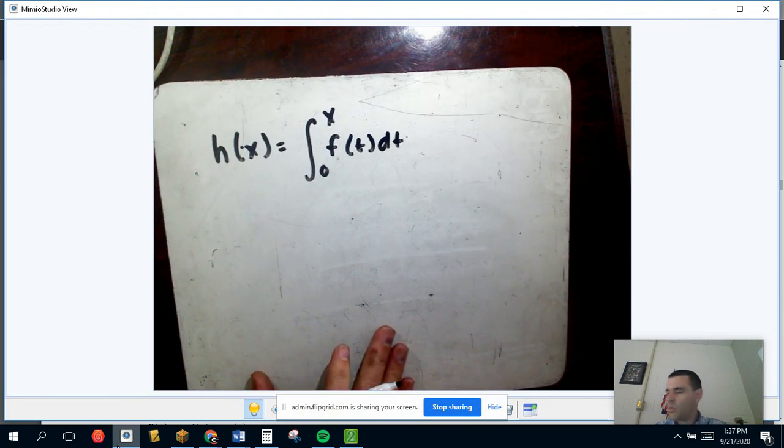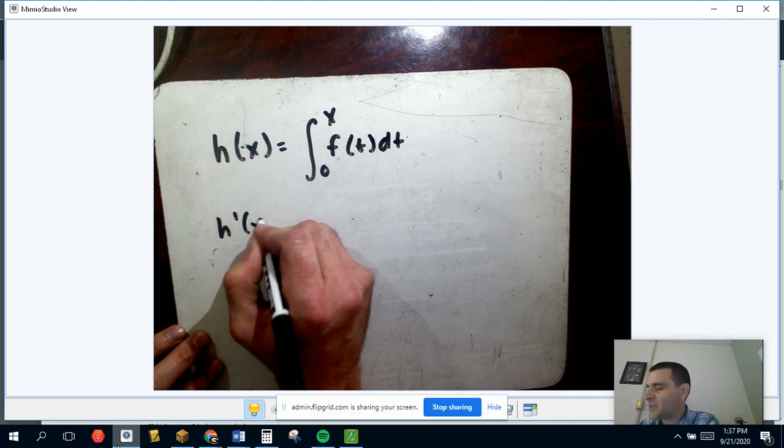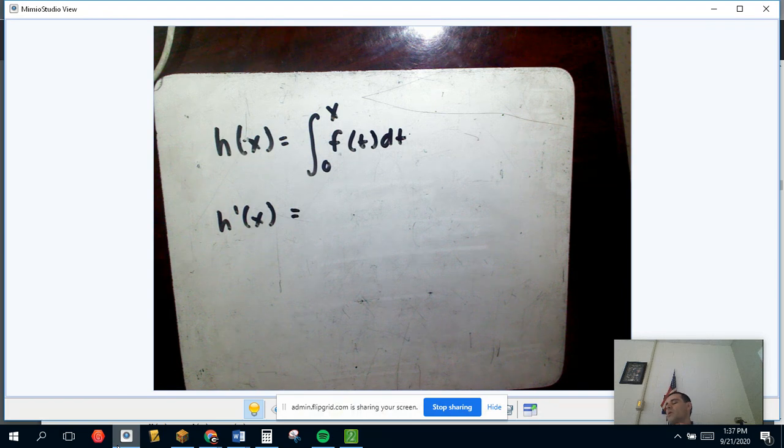All right, so we want to know what is h prime of x. Well, the derivative of an integral essentially cancels out from the fundamental theorem of calculus.